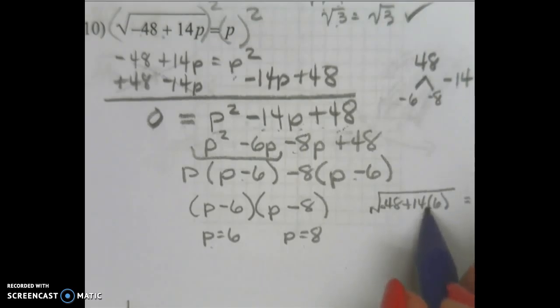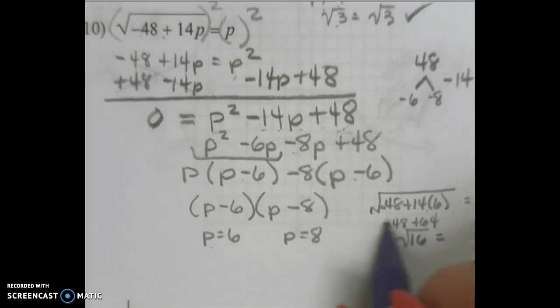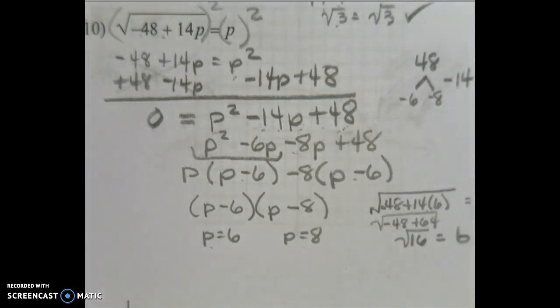That gives me 64, so negative 48 plus 64 is positive 16. The square root of 16 is not 6. So that does not work.